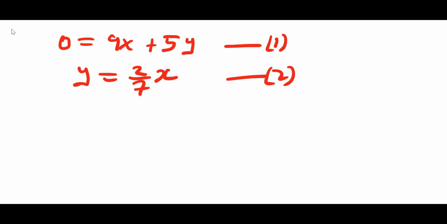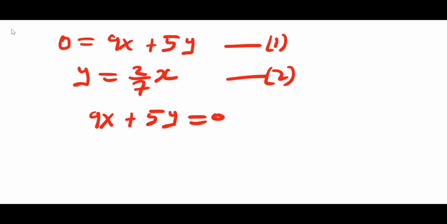So the first thing we are going to do is to rewrite equation 1. So it looks like this: 9x plus 5y equals to 0.